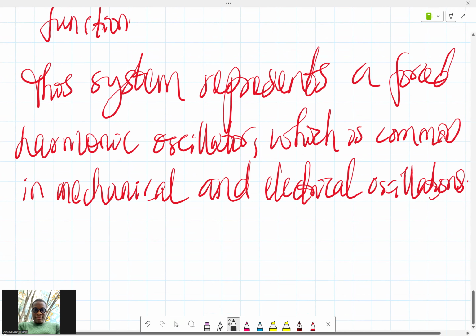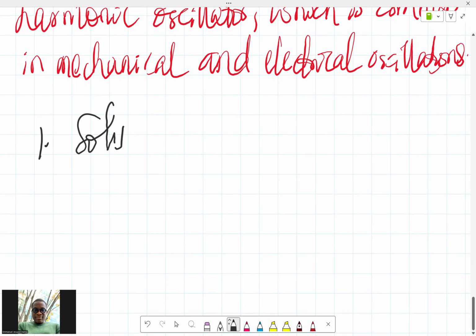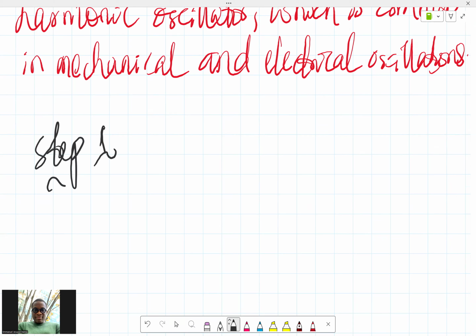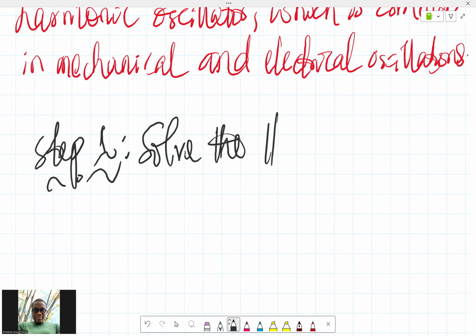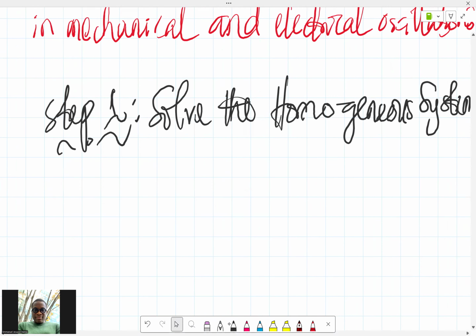So how do we deal with that problem? The first thing we want to do is step 1, solve the homogeneous system. That's the procedure we are very used to now.